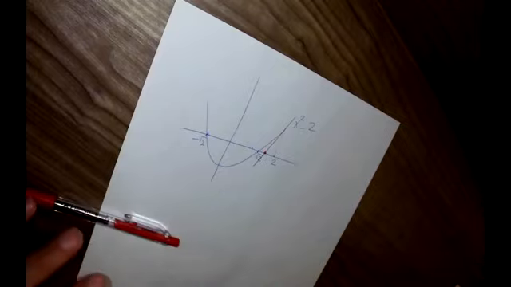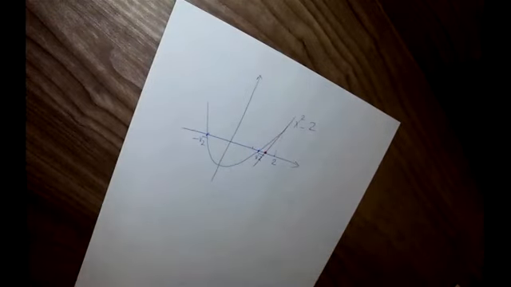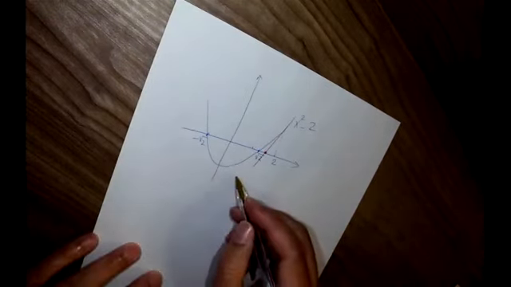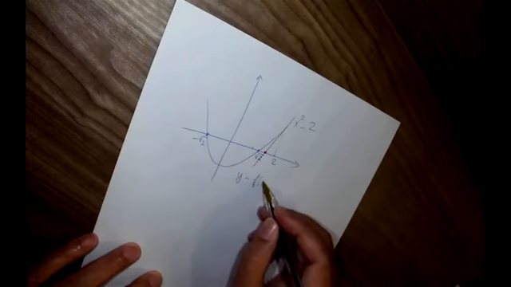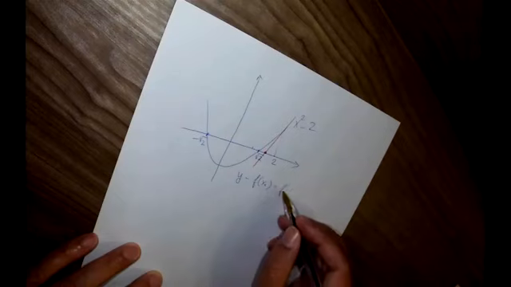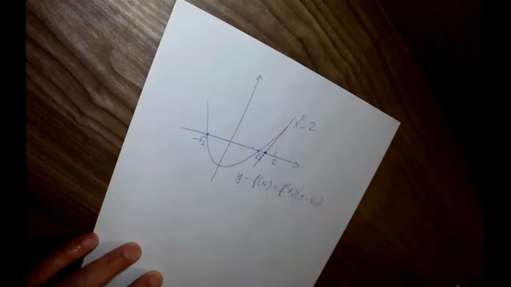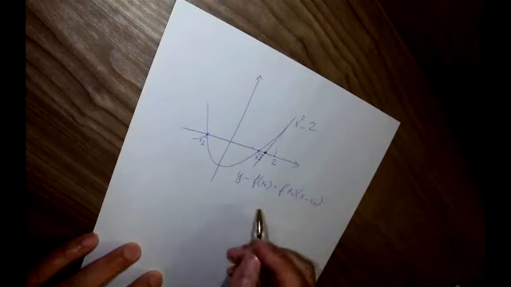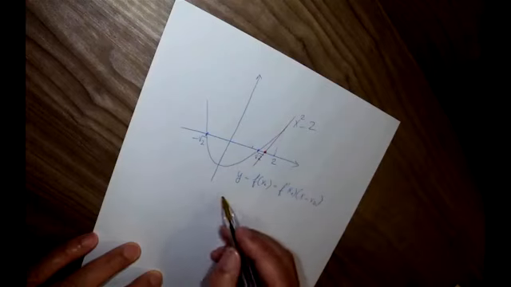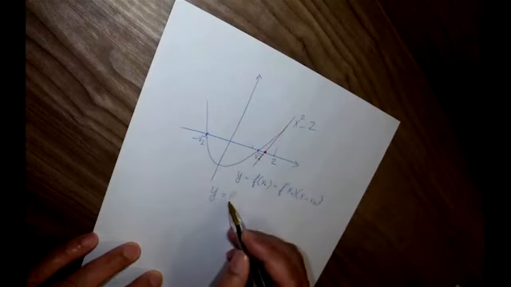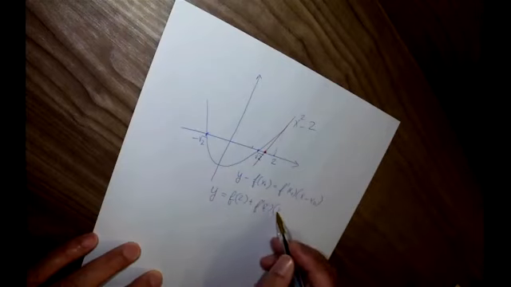And now if you do the calculation, what is the equation of the line? The equation of the line will be y minus f of x0 equals f prime of x0 times x minus x0, right? In our case, x0 just equals 2. So I just have y equals f of 2 plus f prime of 2 times x minus 2.